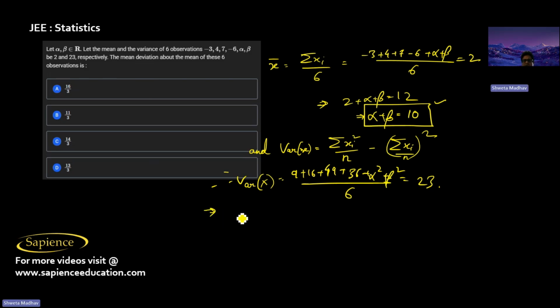Then I can say alpha square plus beta square will be equal to 23 into 6 minus of 9 plus 16 plus 49 plus 36.